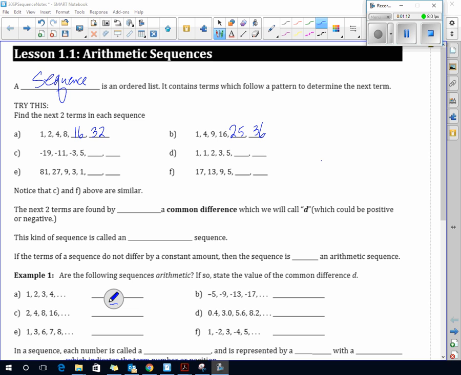Okay, next one. This one might be the hardest one. Okay, can anybody tell me the next term for D? It is 8, and then the next one, 13.